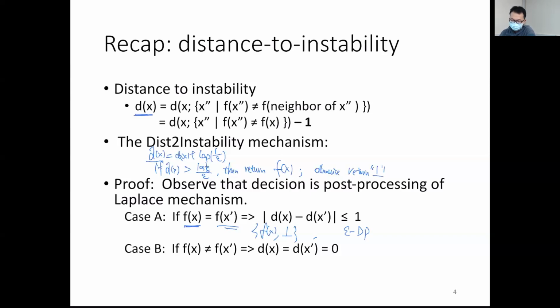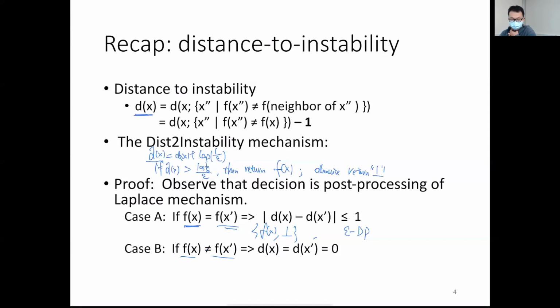And in the second case, when f of x and f of x prime are not the same, this implies that the distance to instability of both data sets is actually 0. Why is that the case? Because if I take x double prime to be x prime, then f of x is different from f of x double prime, which means that x itself is not stable.